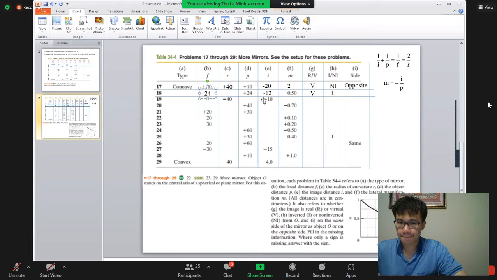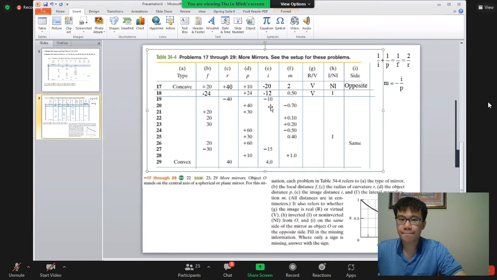So you should also fill in the sign here. No, this is positive 0.5, right?